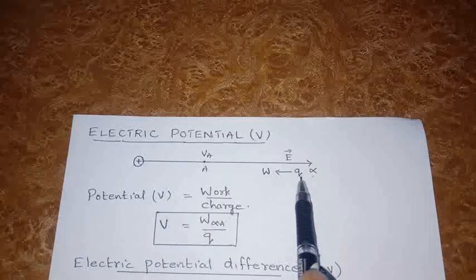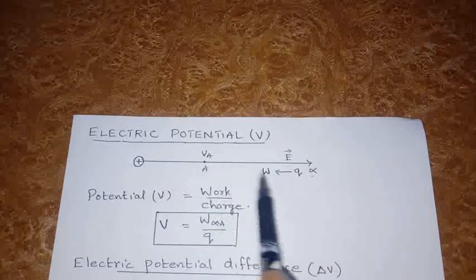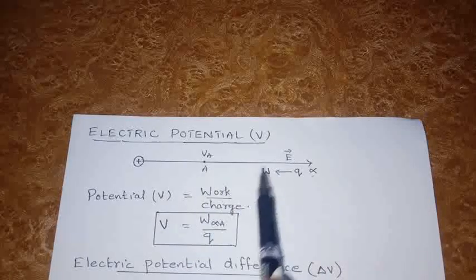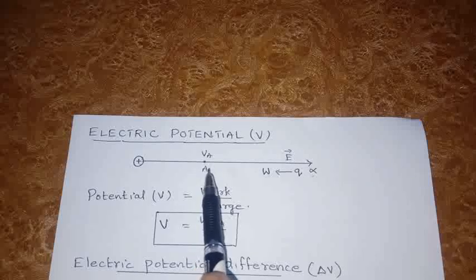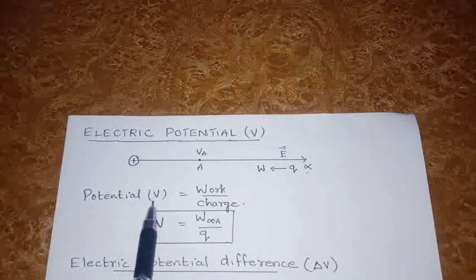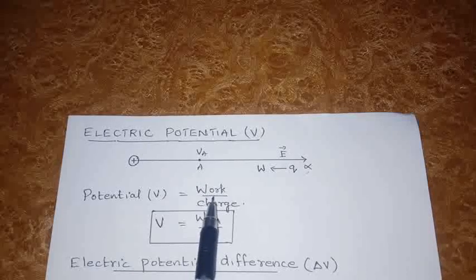So I am taking a charge q from infinity, where there is no interaction, to this point. W amount of work is done. Then the potential at this point is defined as the amount of work done per unit charge. Potential is equal to the amount of work done to move a unit charge from infinity to that point.